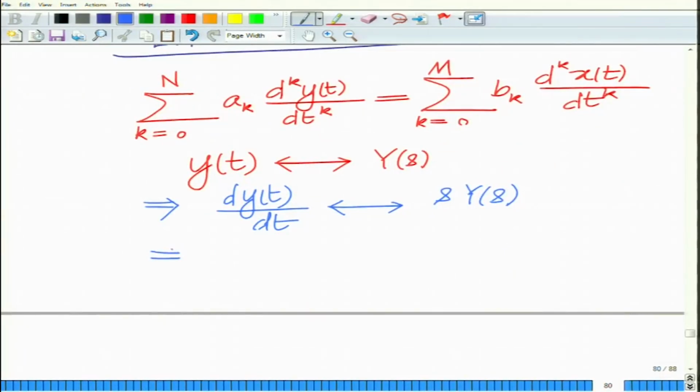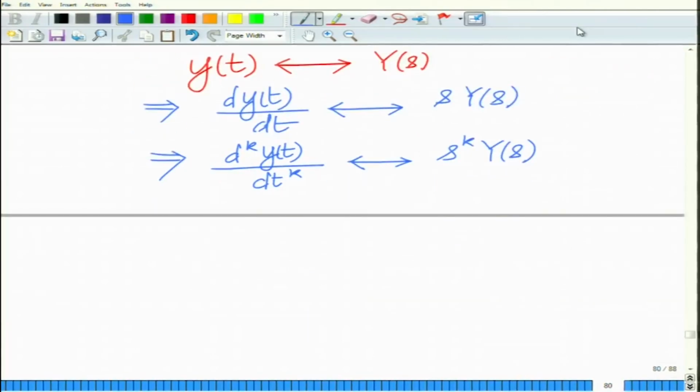Progressing this way, one can show that d^k y(t)/dt^k has Laplace transform s^k Y(s). Similarly, the kth order derivative of the signal x(t) with respect to time has the Laplace transform s^k X(s).